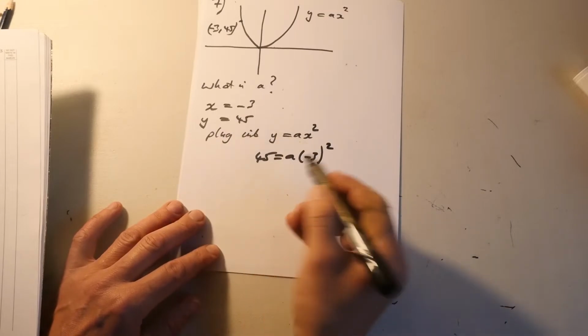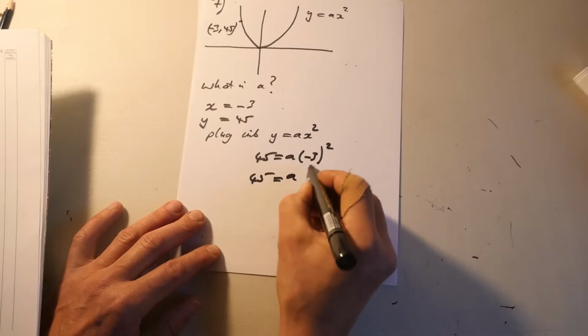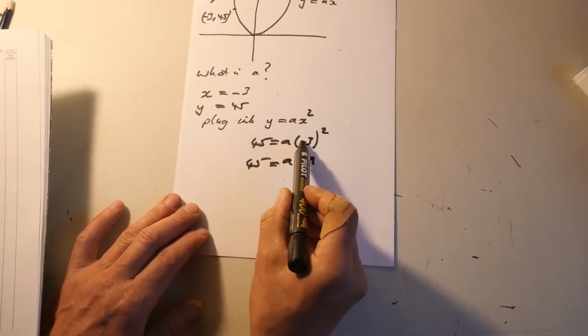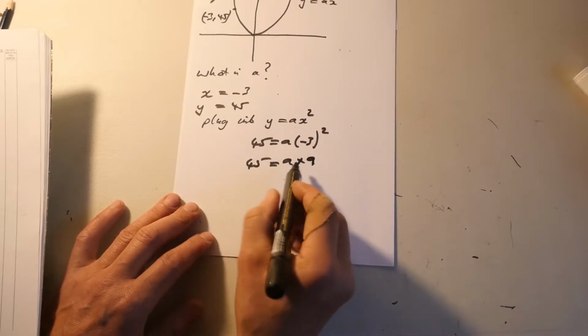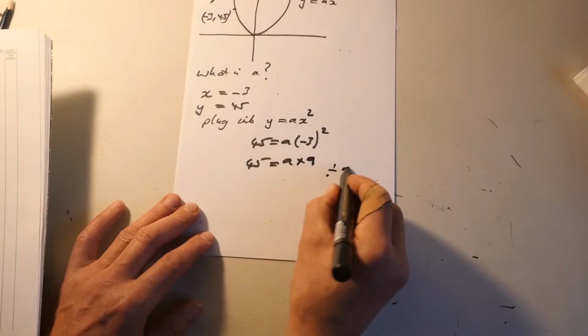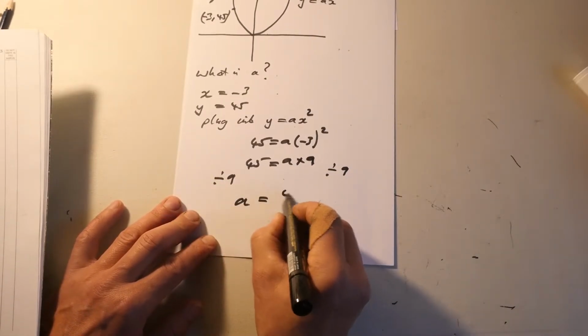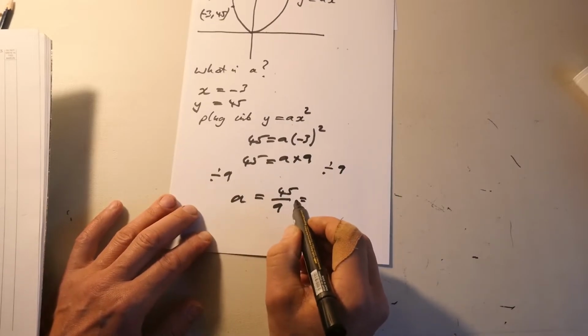Minus 3 squared is 9, so you get 45 equals A times 9. Minus times minus is plus, 3 squared is 9. So therefore, divide both sides by 9, you get A equals 45 divided by 9, which equals 5.